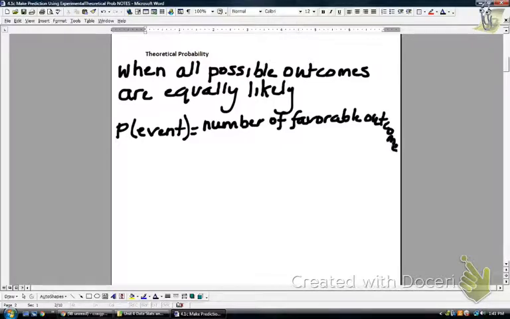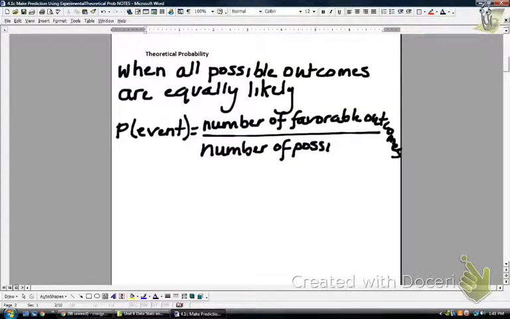And that's outcomes, over the number of possible outcomes. So we have been dealing with theoretical probability.